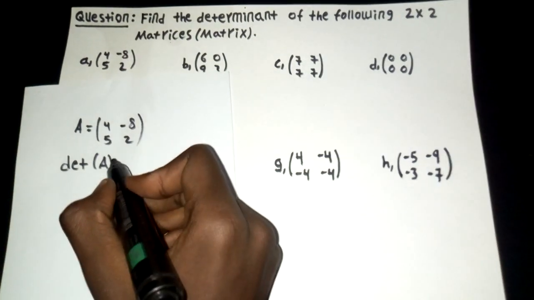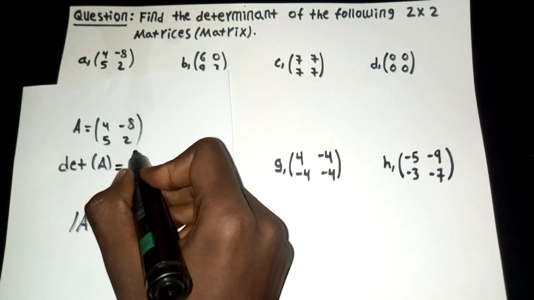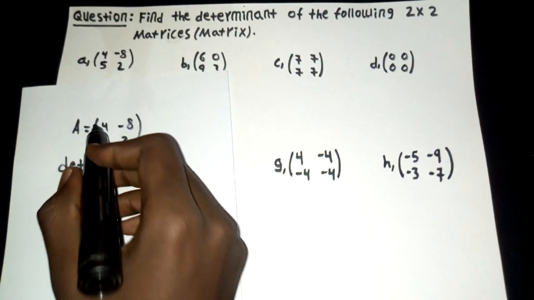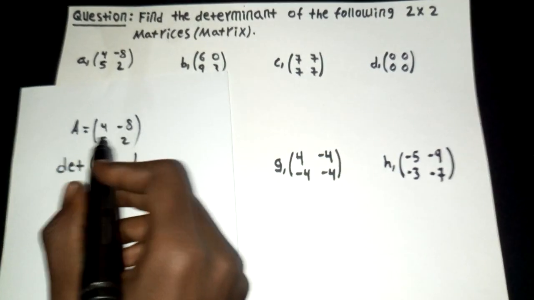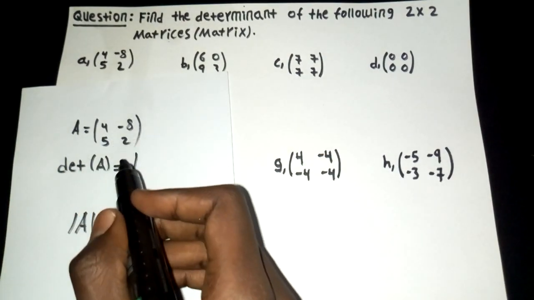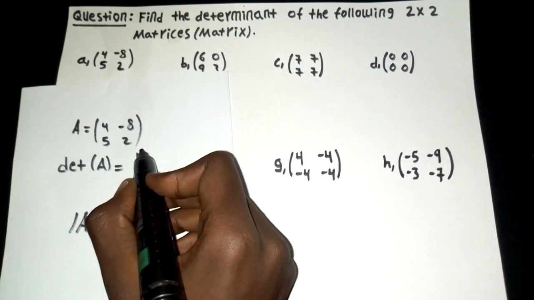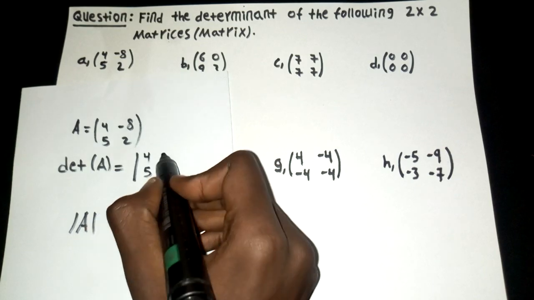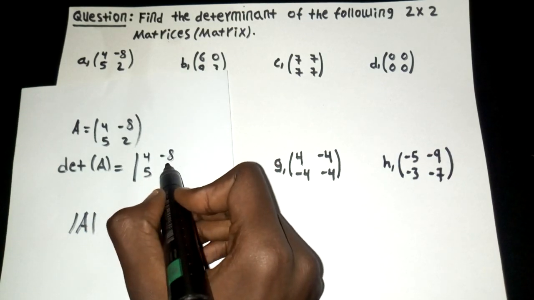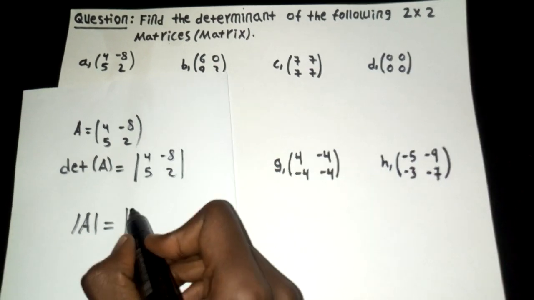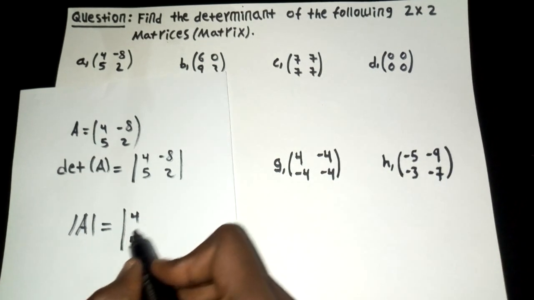After we put this, we insert all entries. All these four numbers are entries. We put all entries inside this: 4 5 minus 8 2. It's just the same thing for this one; we insert the entries.